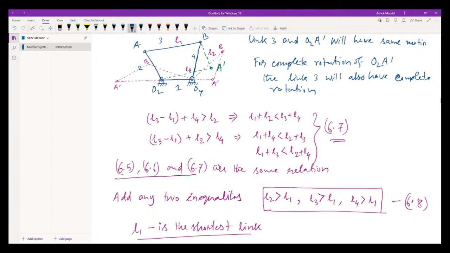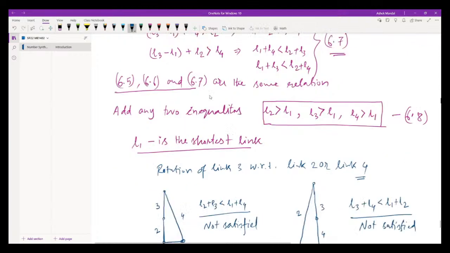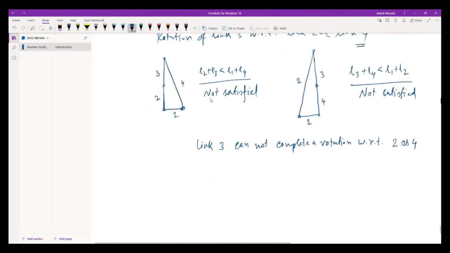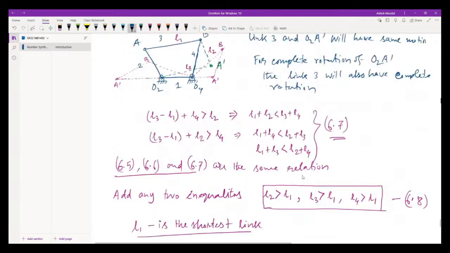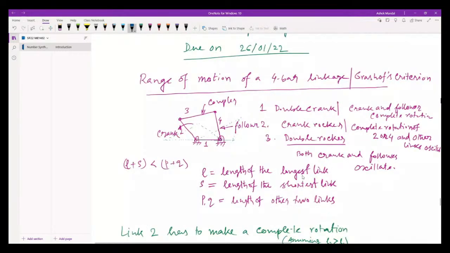Similarly, 4 can have oscillatory motion with respect to 3, or 3 can have oscillatory motion with respect to 4. And all these three links, 2, 3, 4, can have complete rotation with respect to 1.